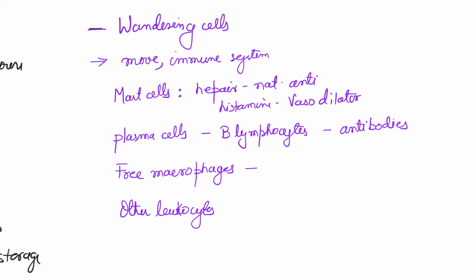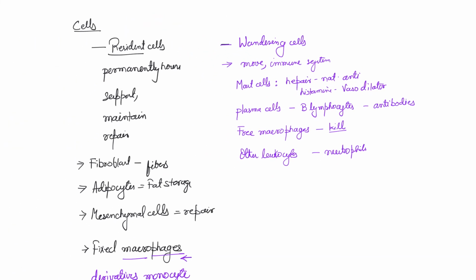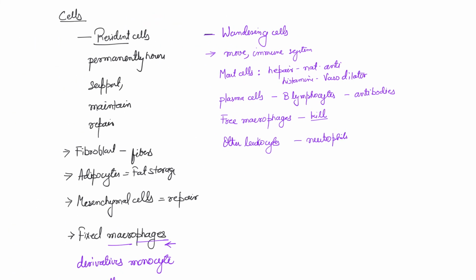Free macrophages are going to kill pathogens. And there are other types of leukocytes which keep on moving from one place to another. It could be simply neutrophils or other blood cells. So the whole purpose of this is not to remember the list of cells, but rather to understand that they have different roles, they serve different purposes.